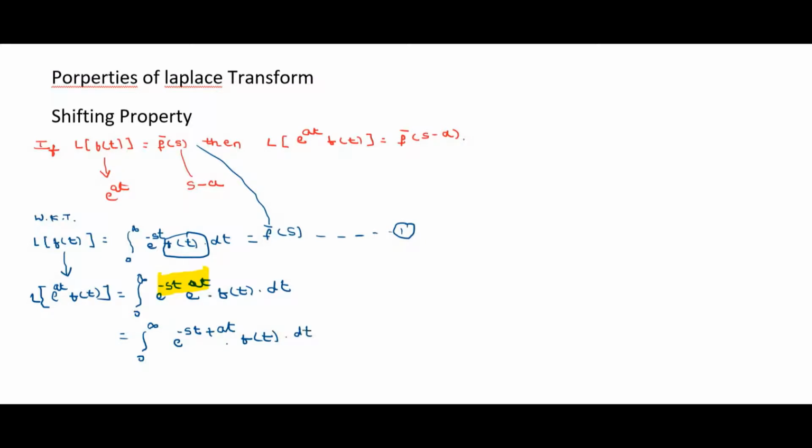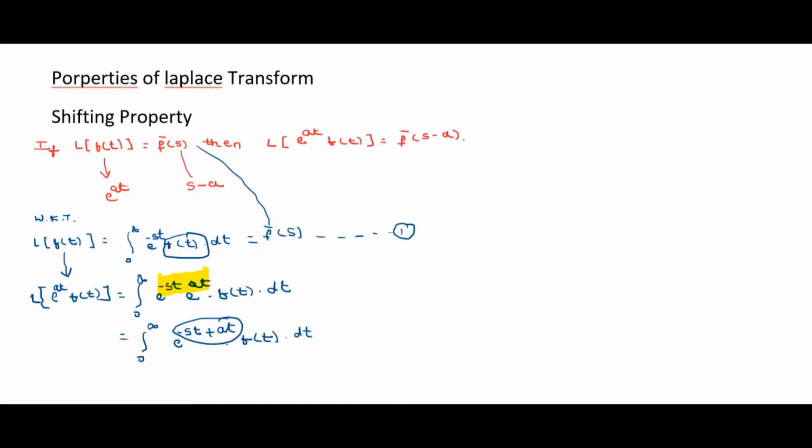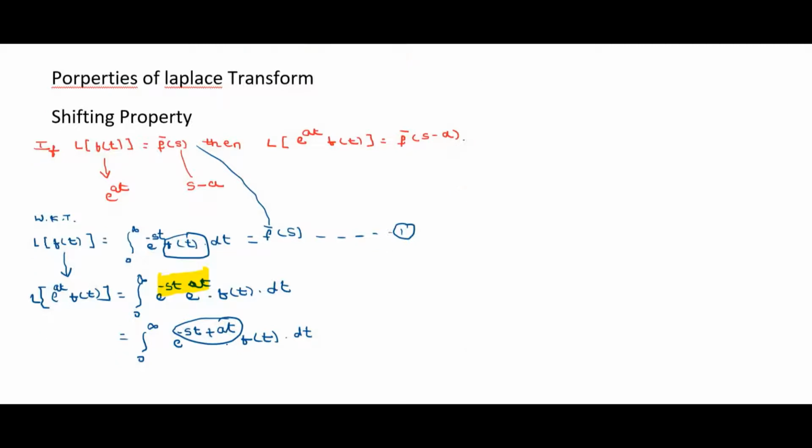into dt. Now from these two terms you can take minus and t common. If you take minus and t common, we are left with integration 0 to infinity e raised to minus t into s minus a.